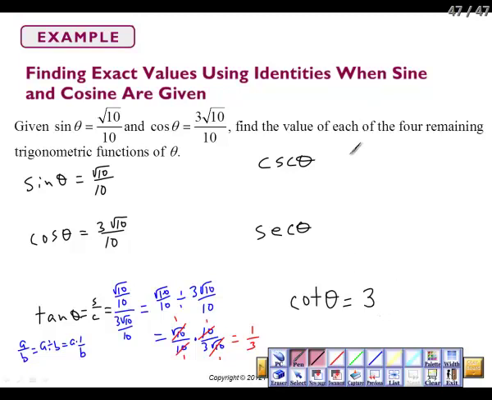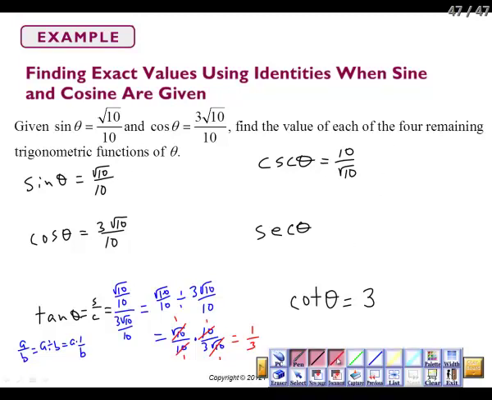Okay, so now let's take a look at cosecant. Cosecant is reciprocal of sine. So that means cosecant is going to be 10 over square root of 10. So all we did was apply the reciprocal to sine.